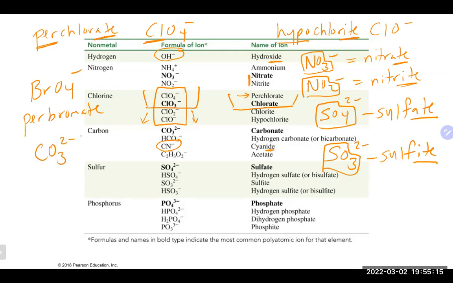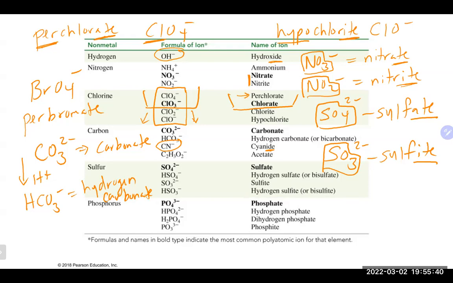So if we take CO3 2 minus, which is carbonate, and we add an H plus to it, we end up with HCO3 minus. We put a hydrogen on it, so we call this hydrogen carbonate. And if that wasn't enough, sometimes people call it bicarbonate.